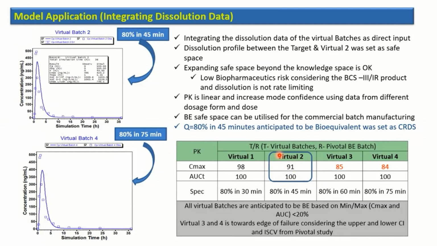So the clinically relevant dissolution specification of 80% in 45 minutes would still be bioequivalent with the pivotal biobatch, and the clinically relevant dissolution specification was justified using the modeling and simulations approach.